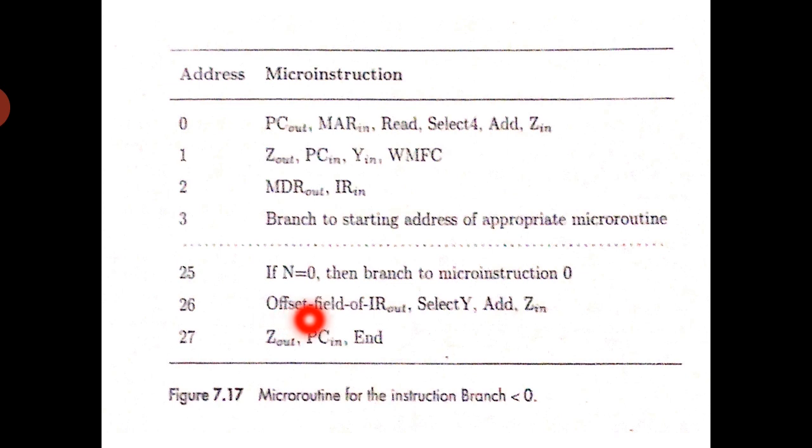The offset is added to the instruction register output, and next Select Y is enabled and the addition is performed. After the addition, the result is stored in Z in.